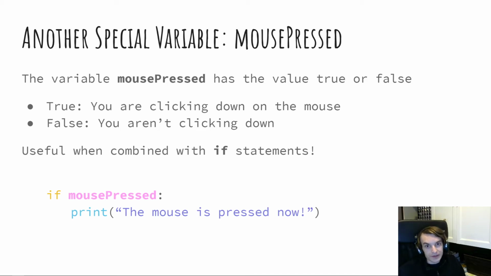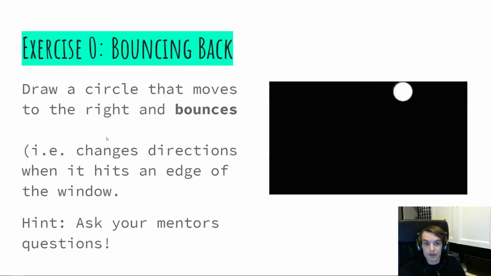If you are not currently pressing down on the mouse button, mousePressed is false. It's a very useful thing to use when combined with if statements in your draw function. So that's: if mousePressed, print "the mouse is pressed now." You could also use it to turn on or off collisions, or change the shape that you're drawing, etc. All of those things are very useful.